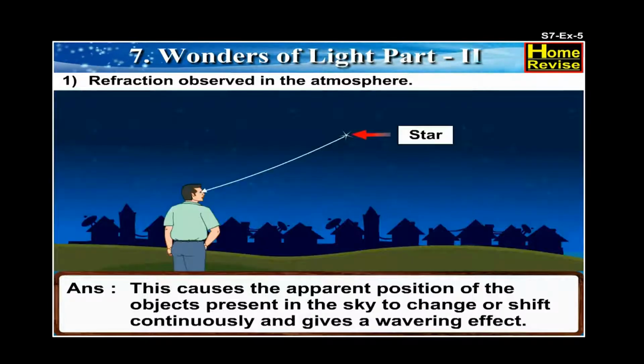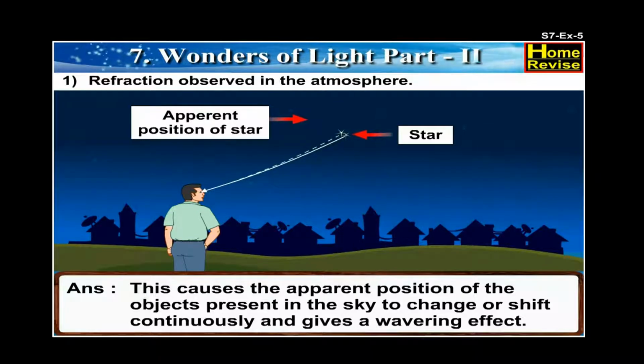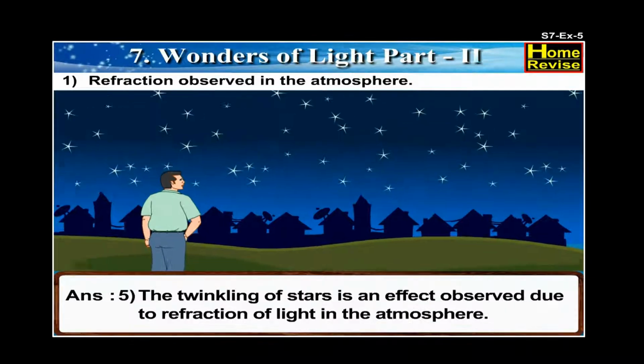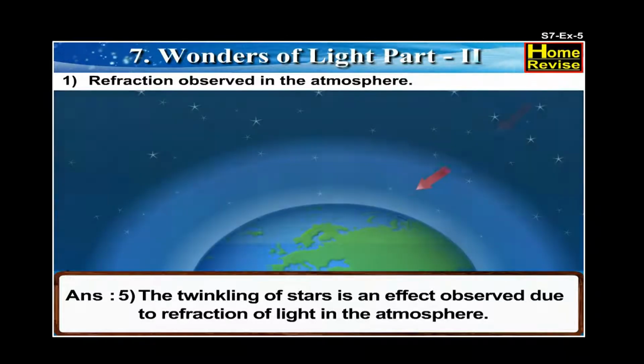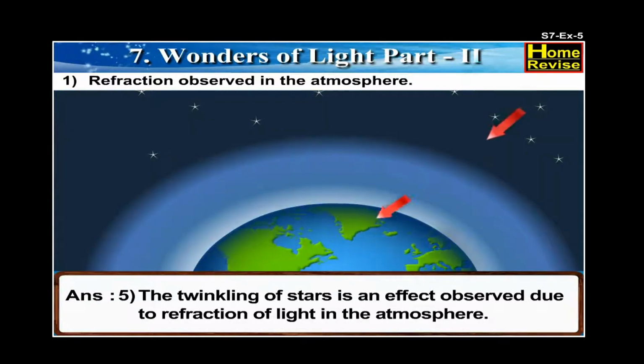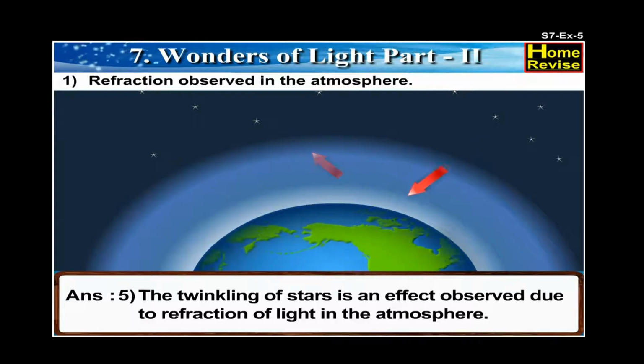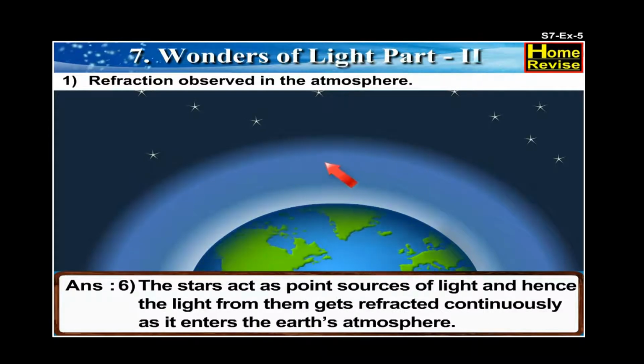This causes the apparent position of the objects present in the sky to change or shift continuously and gives a waving effect. 5. The twinkling of stars is an effect observed due to refraction of light in the atmosphere. 6.